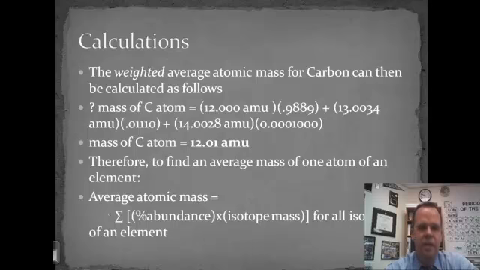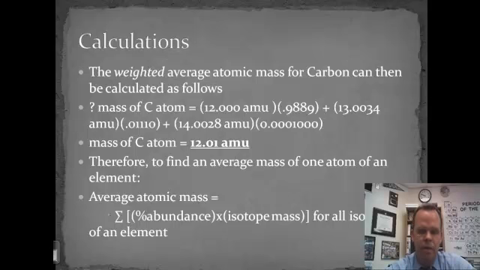So when we want to calculate this, we do a weighted average. The way to do a weighted average for carbon, for example, here is to take the 12 AMU and multiply by its percentage. Remember, when you're multiplying by a percentage, we make it a decimal. So 12 times 0.9889 plus 13.0034 times the percentage of that isotope, 0.01110, and 14.0028 times the percentage of that isotope.